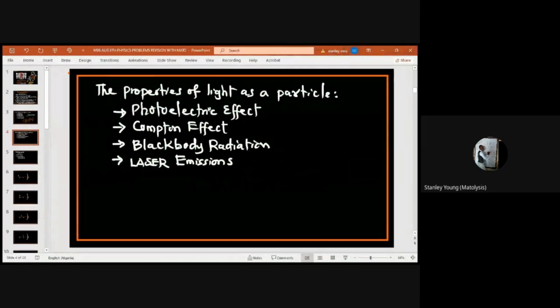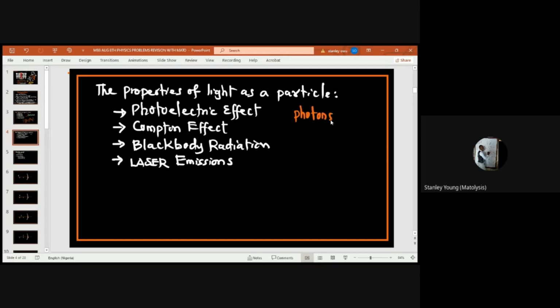We'll be more specific. And we have properties of light as a particle. These are the following properties of light that guarantee it as a particle. We have the photoelectric effect, the Compton effect, black body radiation, laser emission. What is the photoelectric effect? It is the liberation of electrons from the surface of a metal using electromagnetic photons.